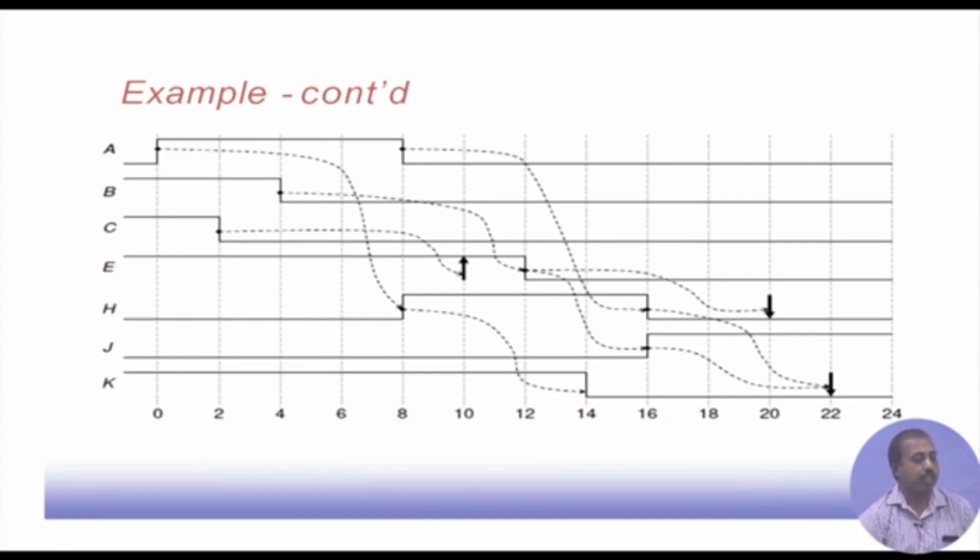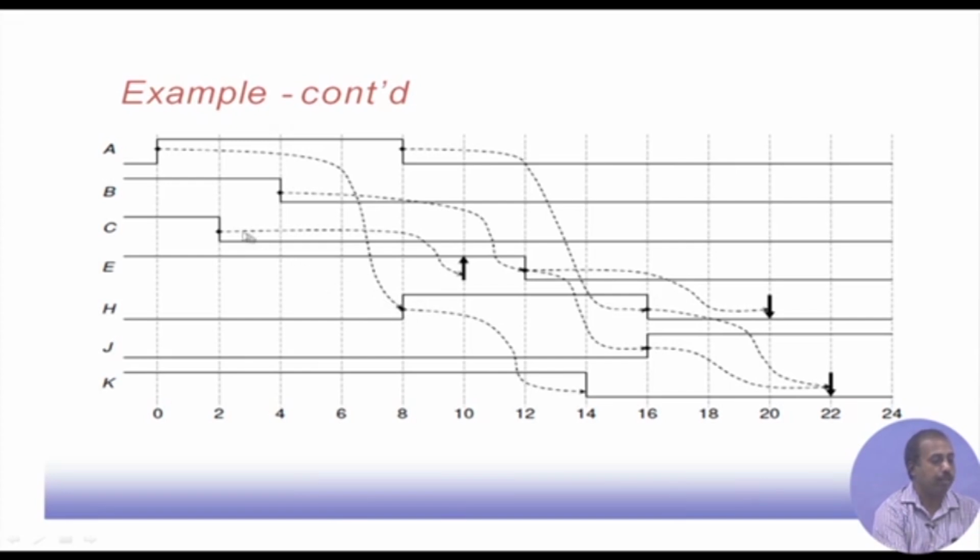This is the same information put in a timing diagram form. So, A makes a transition from 0 to 1 at time 0. So, that triggers this particular event. Okay. So, all these edges are actually events. So, this triggers the event that H will make a transition from 0 to 1 at time 8.